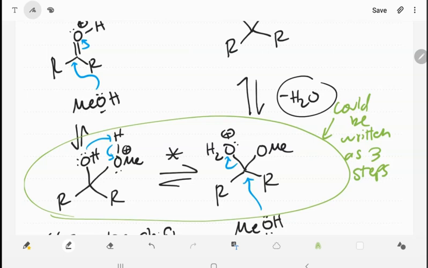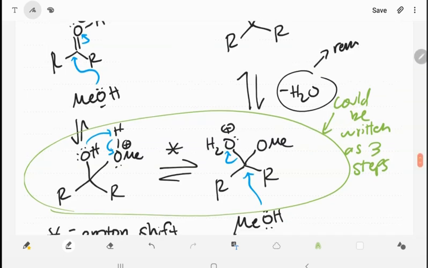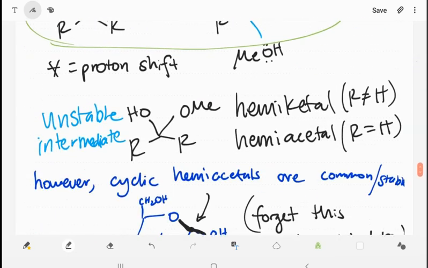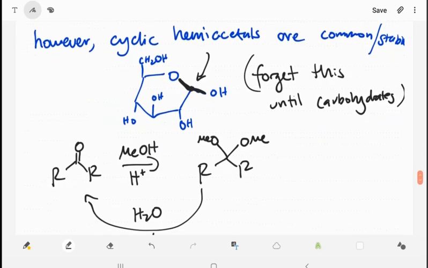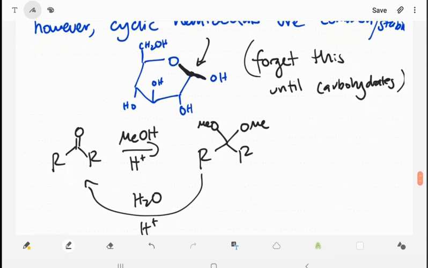If you want this reaction to go all the way forward, you need to remove this. There are many ways to do that. You can have a substance in there that will eat your water, like molecular sieves. You can use something called a Dean-Stark apparatus, which essentially does a distillation at the same time as your reaction.